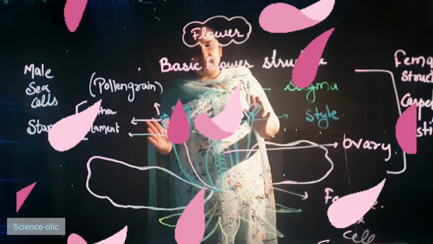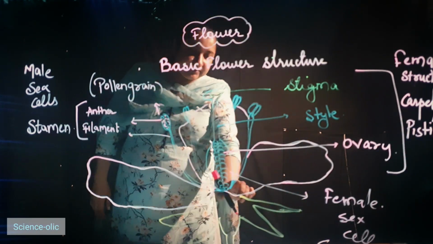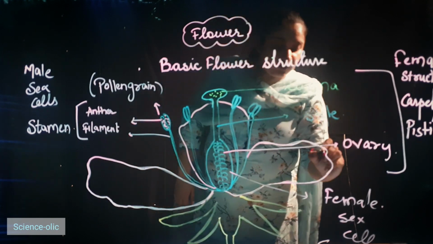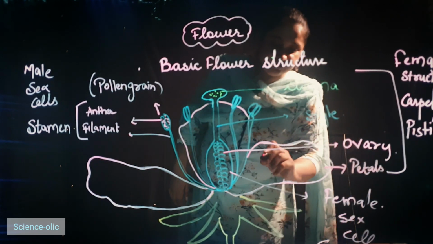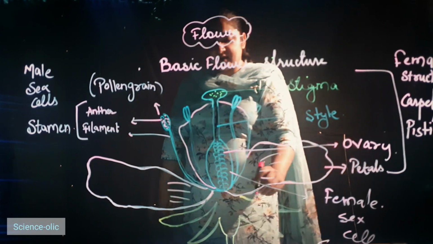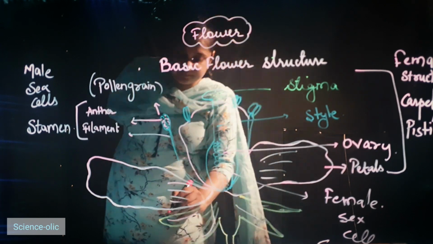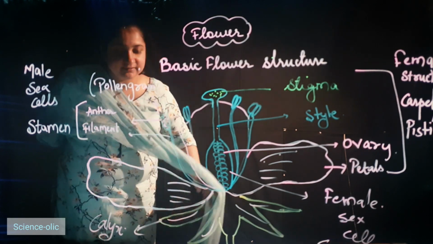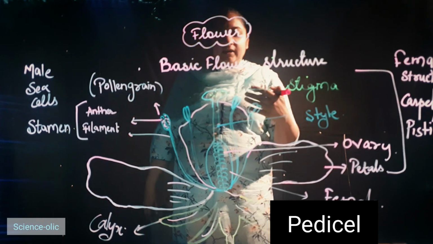This is the basic structure of a flower. These long colored petals, full of aroma, are known as petals. This leafy structure is known as calyx. This is hard to remember, but when you practice again and again, you will come to know.